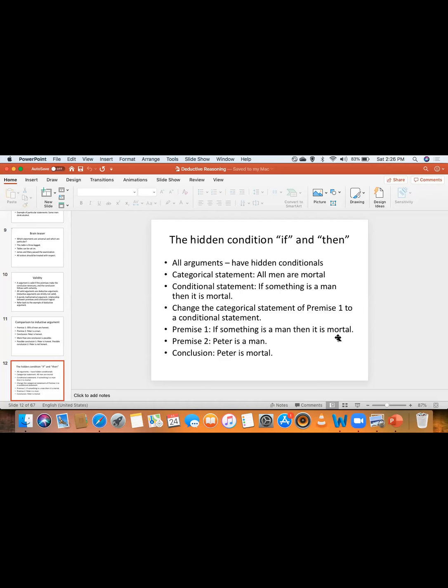And then every other sentence that follows it will be referring to either the antecedent or the consequent. It is either that sentence is denying or affirming the antecedent, or it is affirming or denying the consequent. So that's basically how to work on a deductive argument. So you can see this example here. Premise one has been converted into a conditional. That is where you find the antecedent and the consequent.